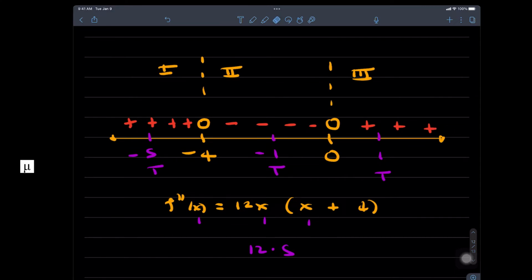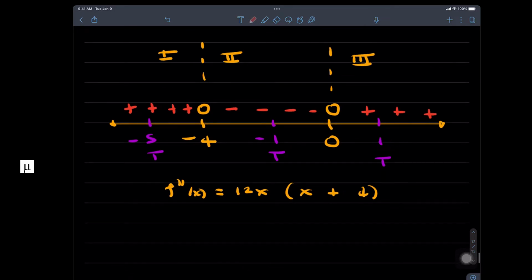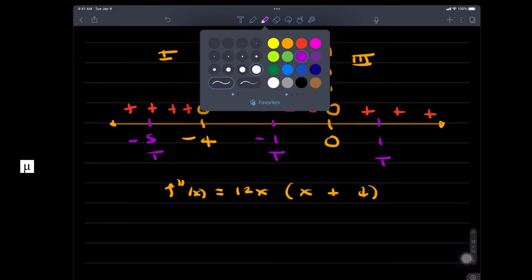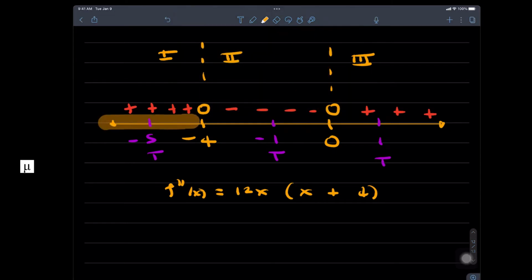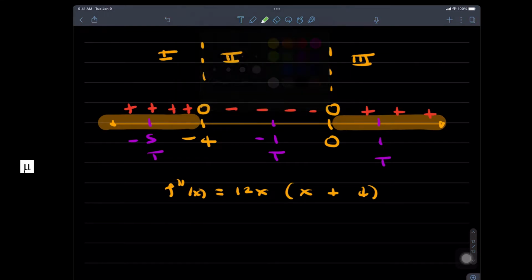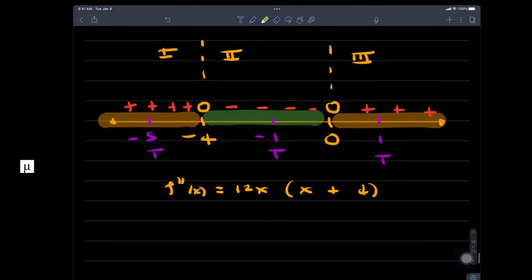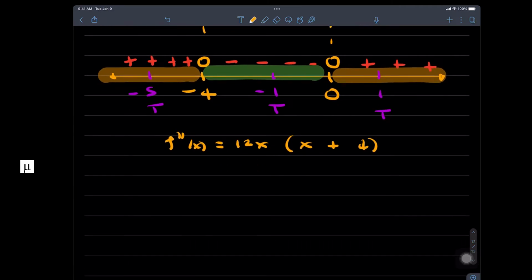So, ladies and gentlemen, you're now ready for your conclusions here. And just colorize this a little bit. F is concave up on what intervals?